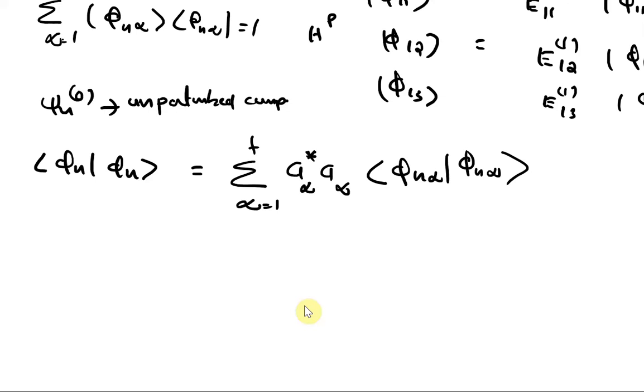It's orthonormalized. So this is nothing but the square of this term, and if it is normalized, this is nothing but the sum over alpha equal to 1 to f of a alpha squared.